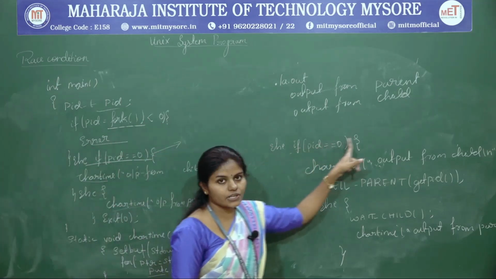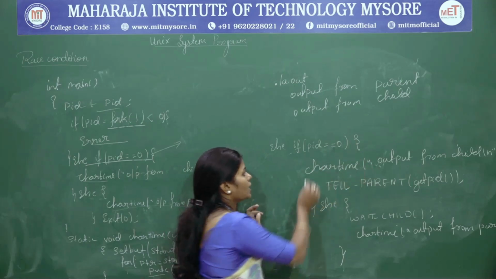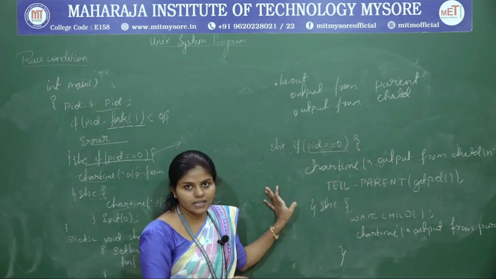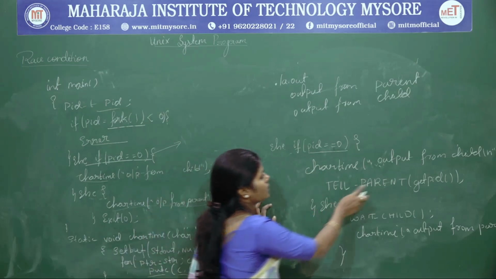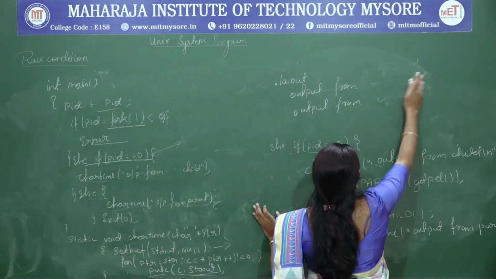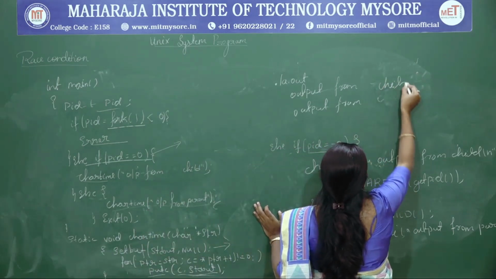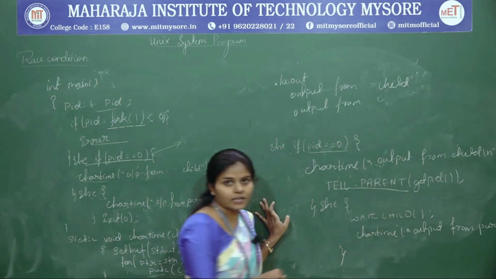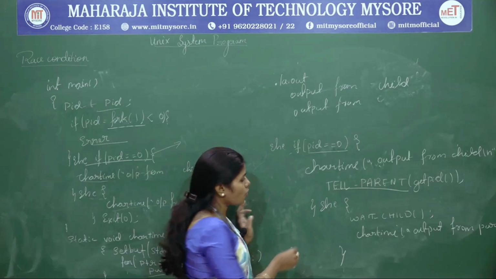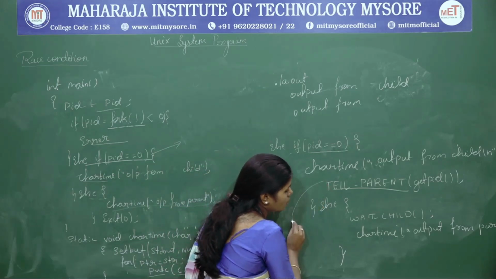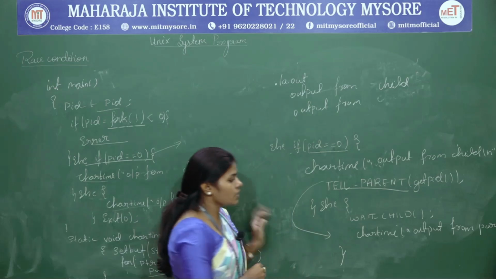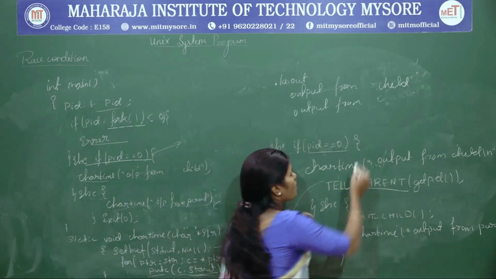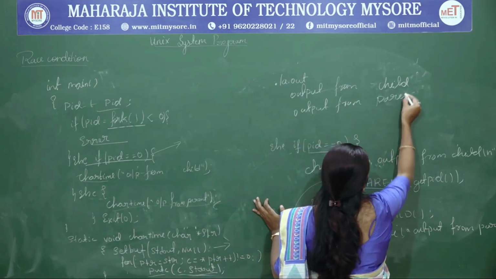Else if PID is equal to 0, then if the child is created successfully, it is going to display the output from the child here, right? The output from the child. Next it is going to tell the parent, right? So now where does the control go? The control comes to here, that is the character output from the parent, right?